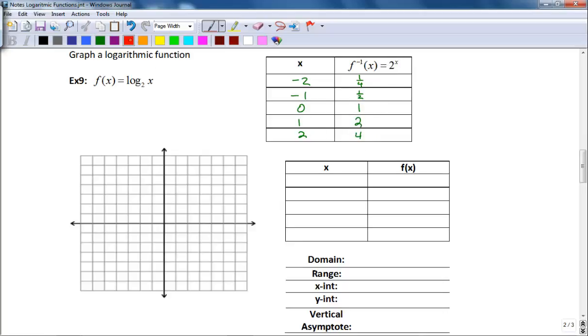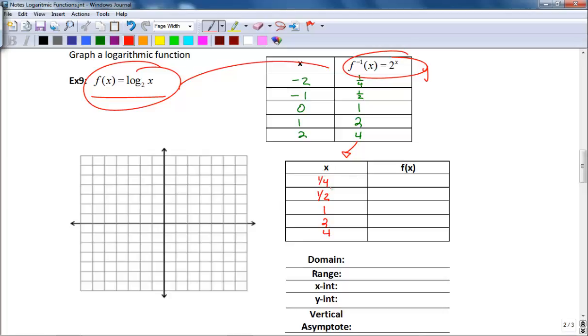The reason that we do this is, remember, these two functions are inverses of each other. So what do inverse functions do? They swap their x's and y's. So if these are the y's of 2 to the x, then those are the x's of log base 2 of x. So I'm going to write 1/4, 1/2, 1, 2, and 4 in the x position here for this function's table.